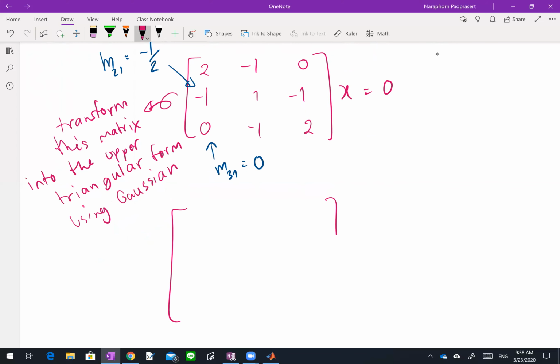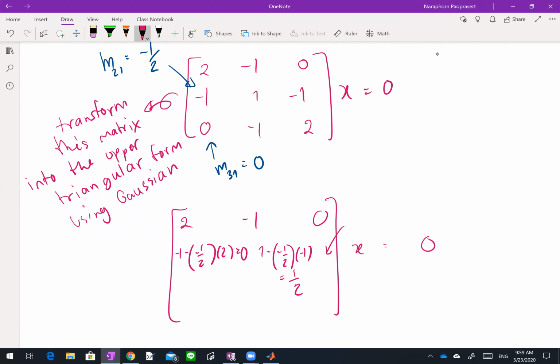For the Gaussian, if you remember, or you can go back and review it, it's 2, minus 1, 0. This is the pivot row, so we fix it. In the second row, this is minus 1 minus 1 over 2 times 2, which is going to be 0; 1 minus 1 over 2 times minus 1, and this I have a half; and the last is minus 1 minus 1 over 2 times 0, and you just get minus 1.